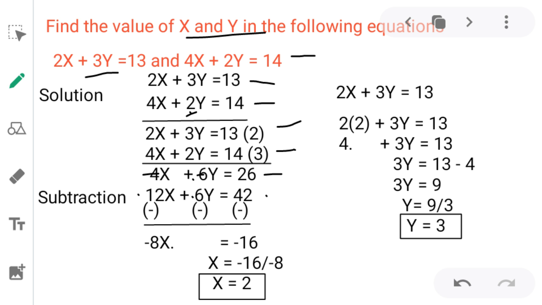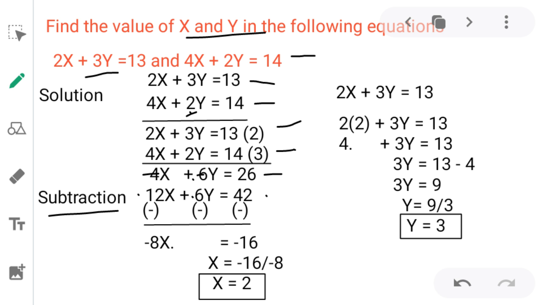When the coefficients are equal we can cancel, but the sign should be opposite. To make the sign opposite, we have to subtract the equations. This is important. To subtract, we have to change the sign of the second equation.